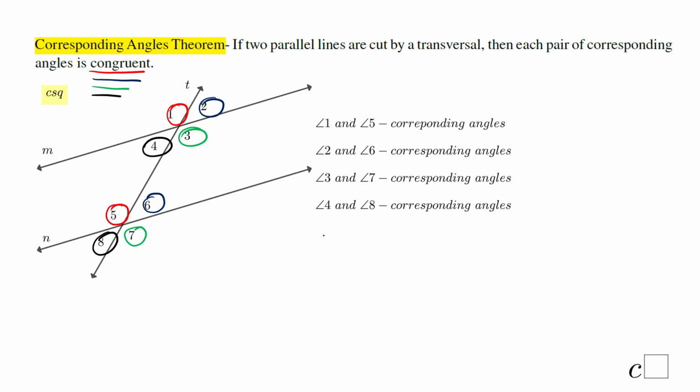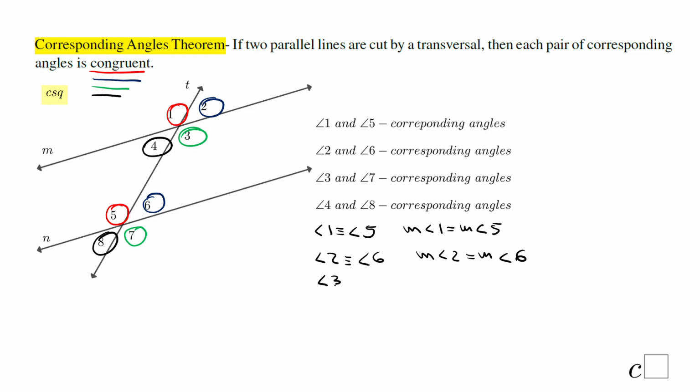So angle 1 congruent to angle 5, or the measure of angle 1 equals the measure of angle 5. Angle 2 congruent to angle 6, or the measure of angle 2 equals the measure of angle 6.